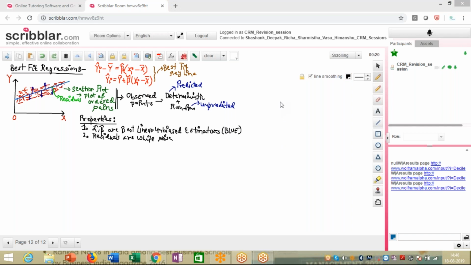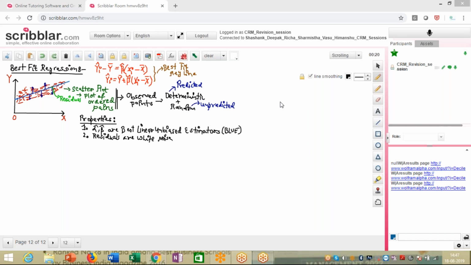Okay. So basically, when I say that the residuals are white noise, what I essentially mean is that the residual series must follow a normal distribution with mean 0 and variance sigma square. What this means is that the error terms must be random. Residuals are the part which I could not predict. The differences arising between the actual and the predicted values are random, they cannot be predicted.